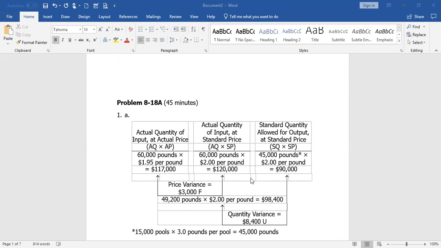So we could see here the difference between actual and budget is a combination of price differences and quantity usage differences. What we're doing here is breaking those two differences out and determining, was it a favorable difference for the price? Yes, we actually paid less. Was it a favorable difference for the quantity? In this case, no, we used more than we should have. And it's defining it in terms of money.